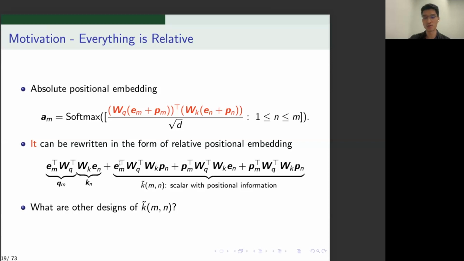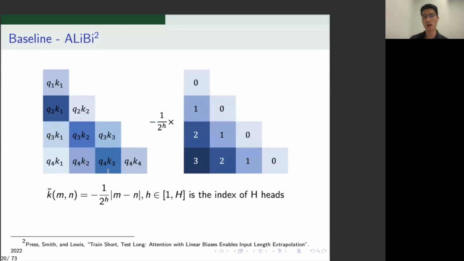However, it also encodes some semantic information from the token embeddings EM and EN, and also some information from the weight matrices here. So what are the other designs of this K tilde? Can we make it simpler? The motivation of doing this is that all the other relative positional embedding methods can be rewritten in this form. So let's look at one famous baseline.